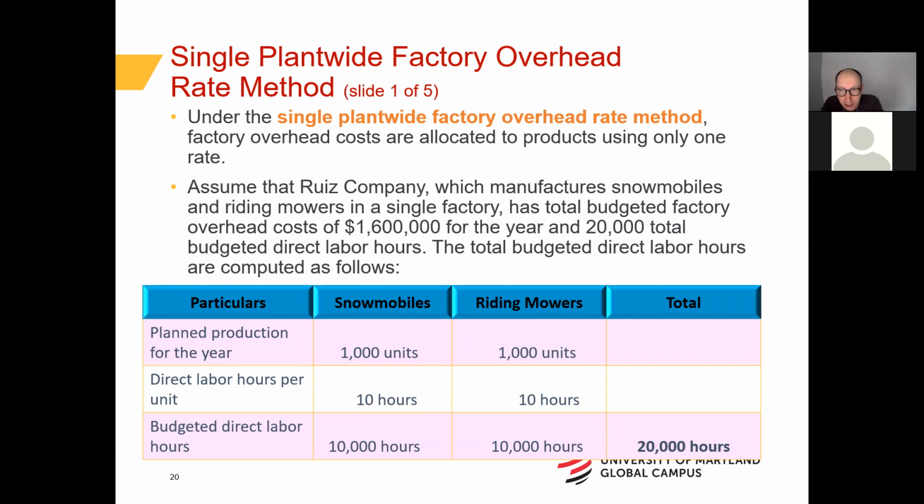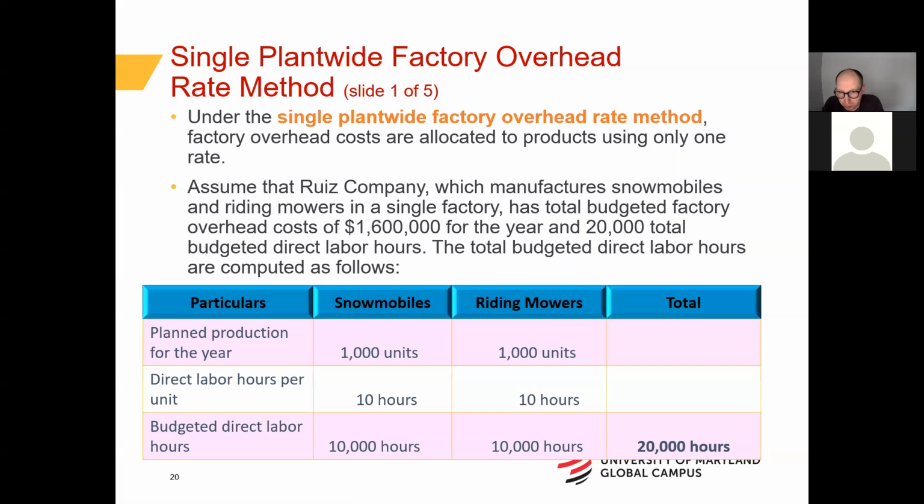Looking at our example, we have a total annual budget of factory overhead of $1.6 million for the year. We expect that we will use 20,000 direct labor hours total for the year. And we have some data.